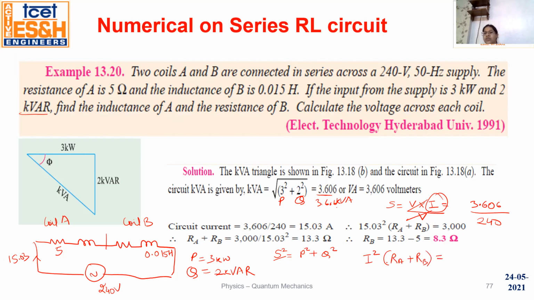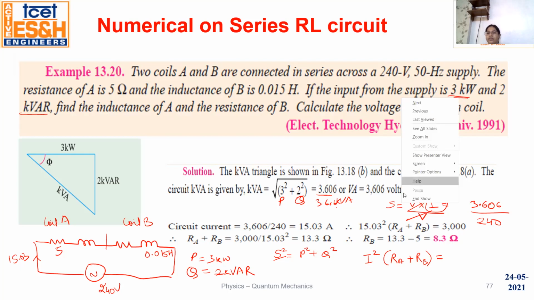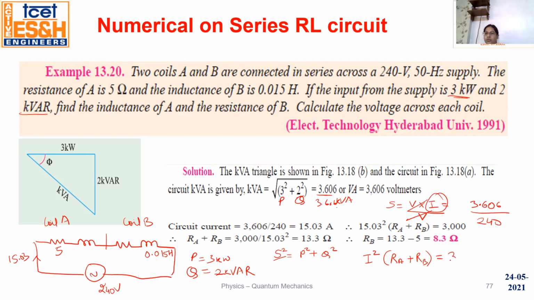Now total current I square times RA plus RB will give what? It gives active power, and active power is already given, that is 3 kilowatt. And how do you identify this is active power? Because of its unit kW. So now this is 3000. So it will give the equation RA plus RB equal to 13.3 ohm.